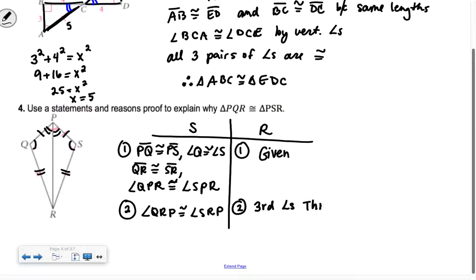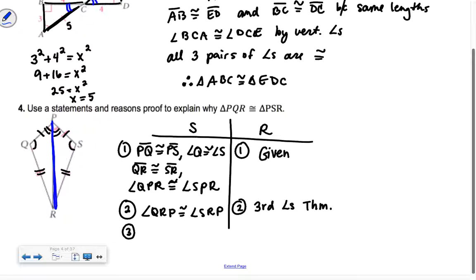And you can abbreviate it, because that's how I write it usually, third angles theorem. So if we knew that 2 sets of angles were congruent in a triangle with another triangle, then we can say the third angles are congruent. So we have our 3 angles congruent, and we have two sets of sides congruent. How can I say that this inside side is congruent to itself?